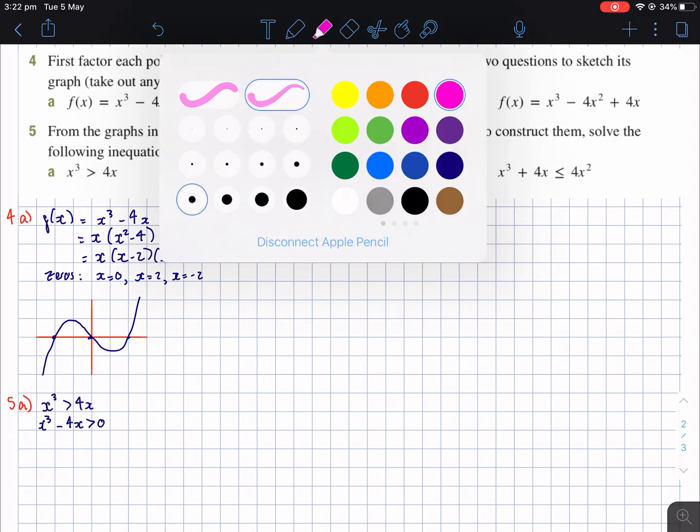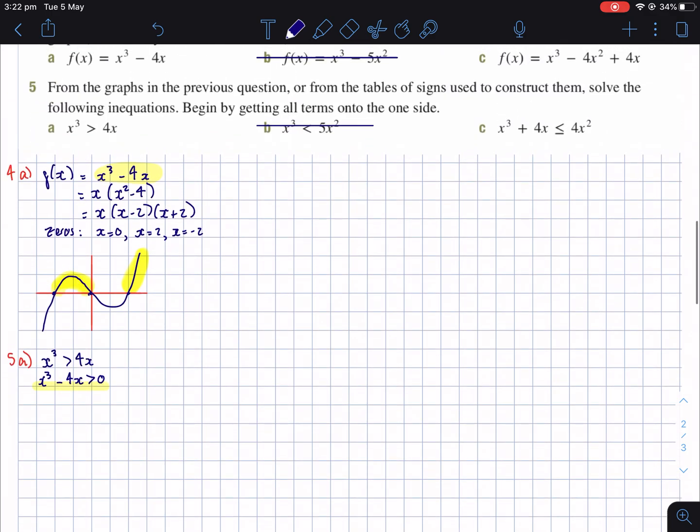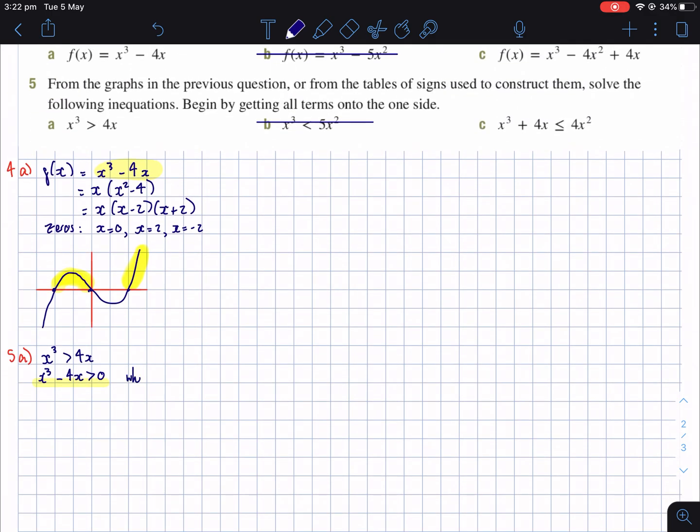So this is greater than 0 in this bit and this bit. So using our graph, we know that it's greater than 0 when, from graph, it's between negative 2 and 0, and when x is greater than 2.